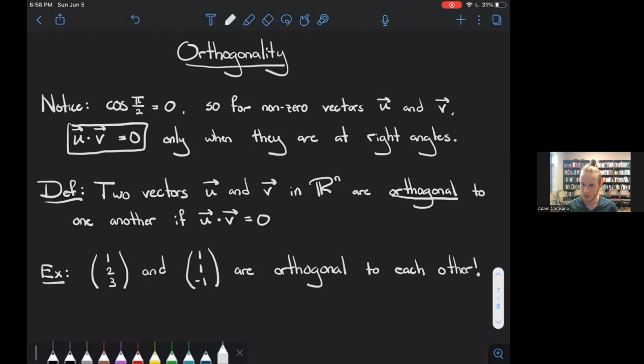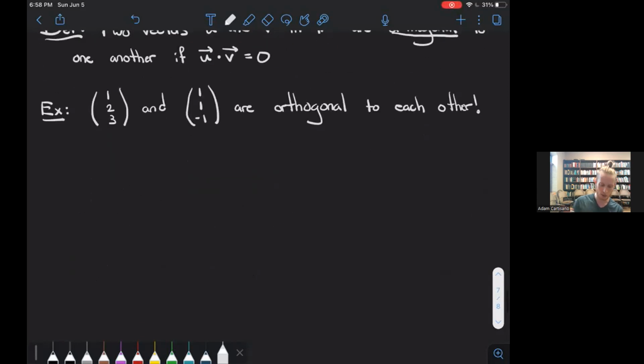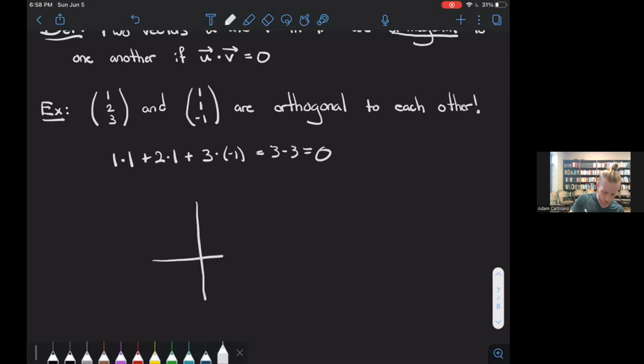But let's do a not silly example. 1, 2, 3, and 1, 1, negative 1. Well, 1 times 1 plus 2 times 1 plus 3 times negative 1 is 3 minus 3, which is 0. So these two vectors in R3, if you want to try and draw them, one will be like go over 1, go over 1, go up 1.